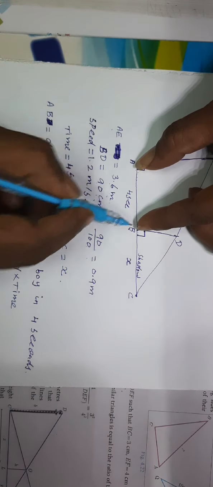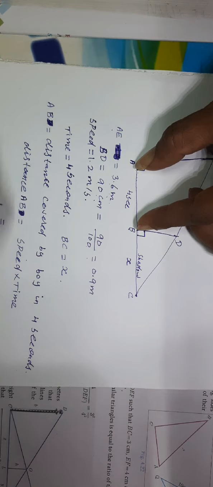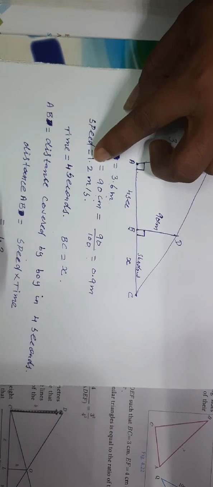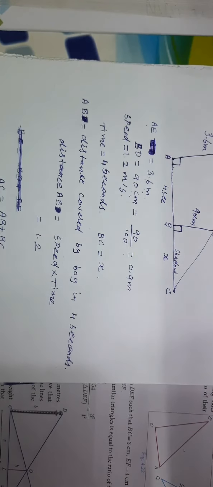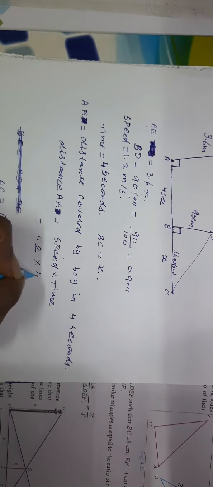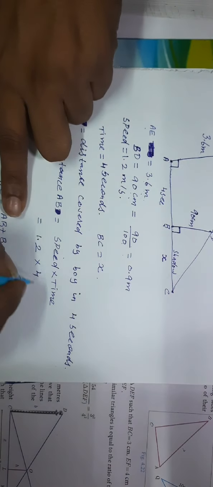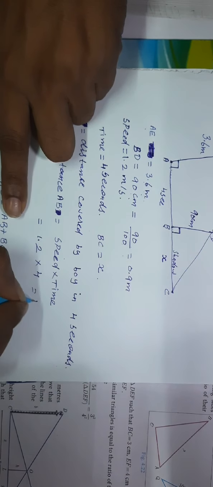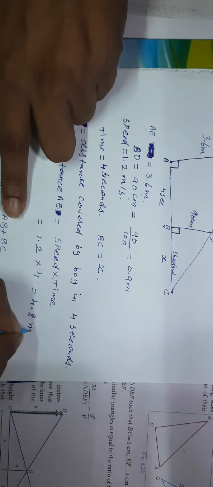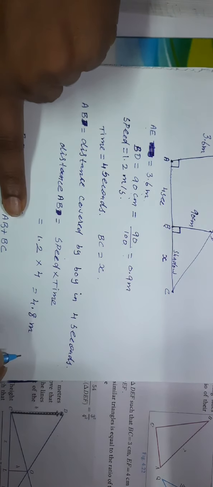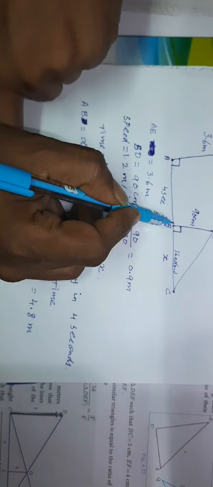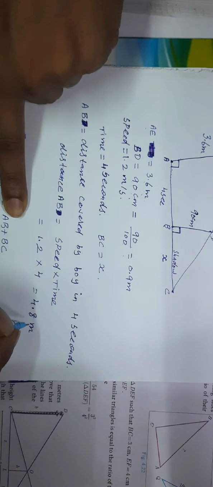So distance AB is equal to speed into time. Here speed is 1.2 and the time is 4. So we can get 4.8 meter. This is the distance covered by the boy, that is AB is equal to 4.8.